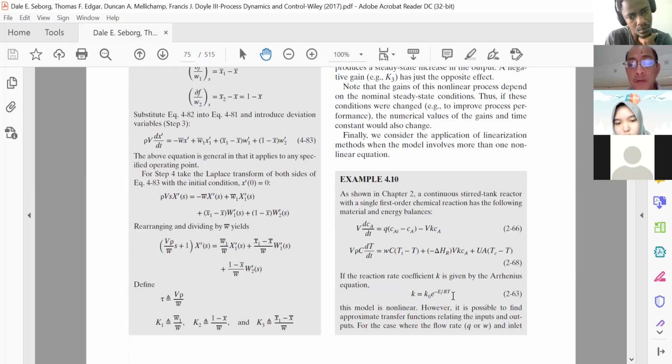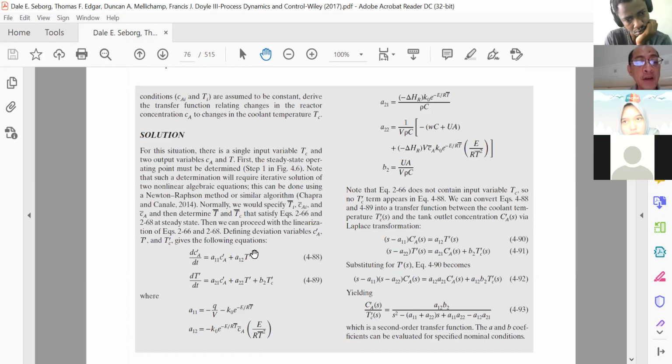And we know already that this will be nonlinear. Why? Because we have K over here, which is a variable now, and CA is also a variable. So this is a nonlinear function, and we have to linearize it.